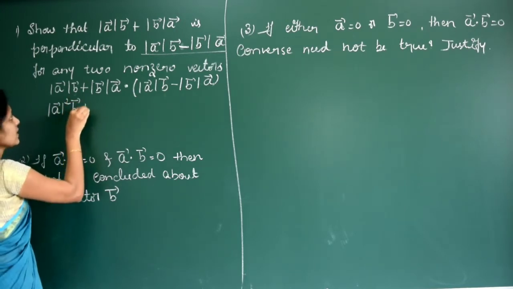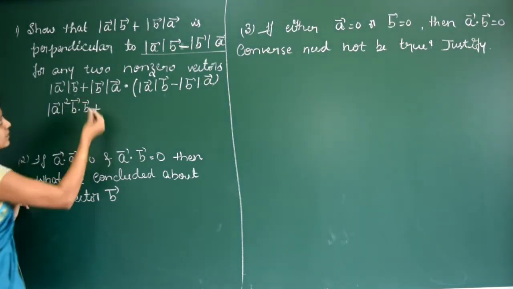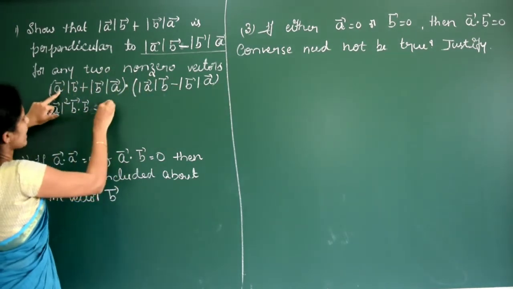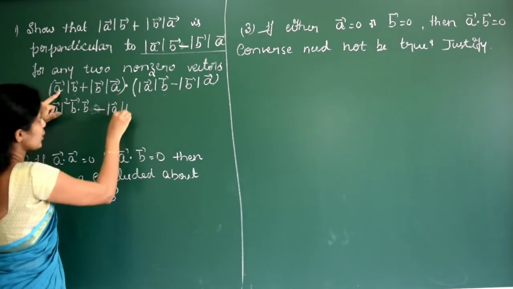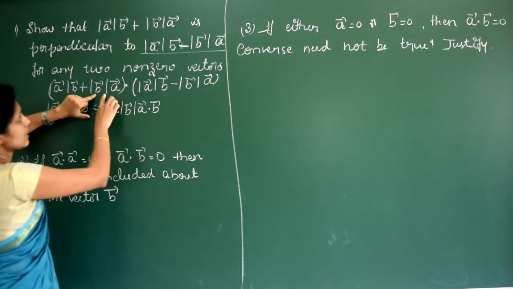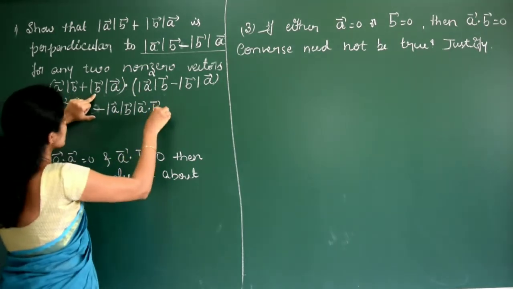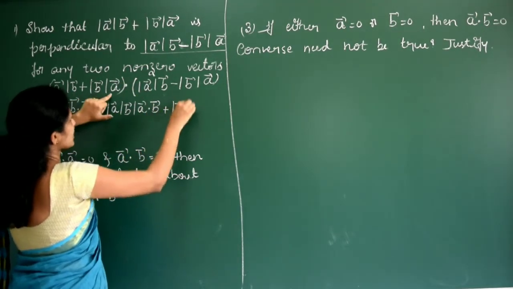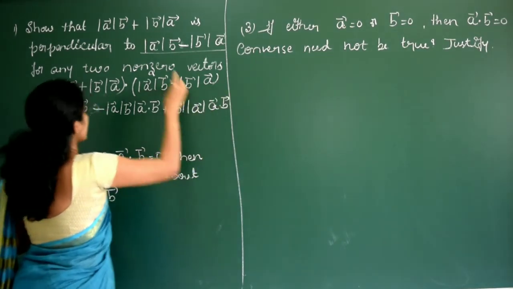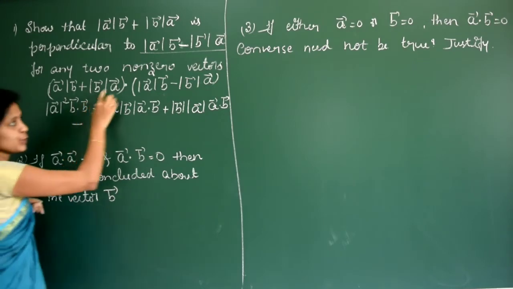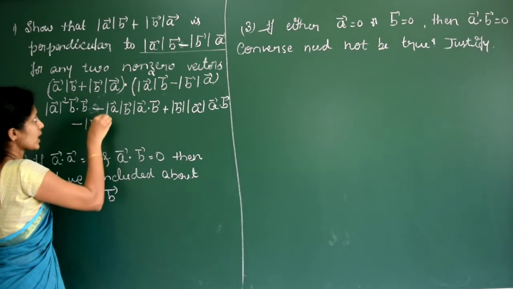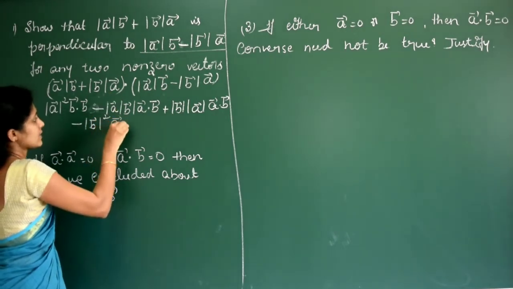Remaining with b vector dot b vector plus, now if you multiply this, so this will be now minus magnitude of a vector, magnitude of b vector into a vector dot b vector, right? We multiply with this one plus, so this is now magnitude of b vector, magnitude of a vector, that is a vector dot b vector. Last term is minus magnitude of b vector into magnitude of b vector, which will be magnitude of b vector square and a vector dot a vector.